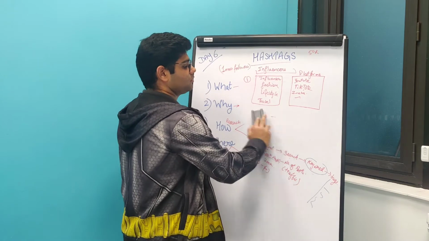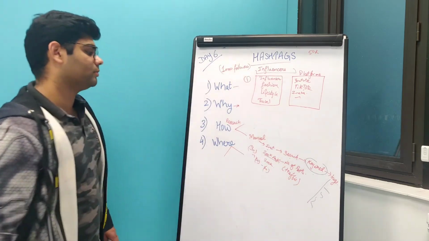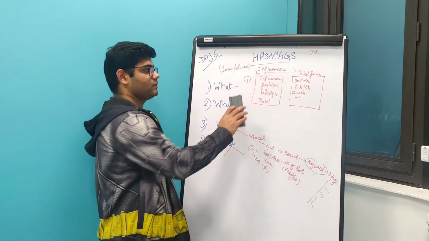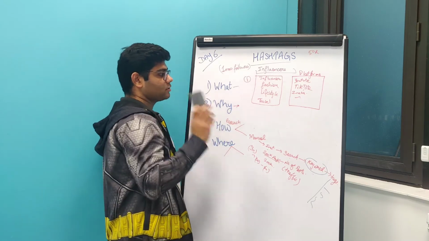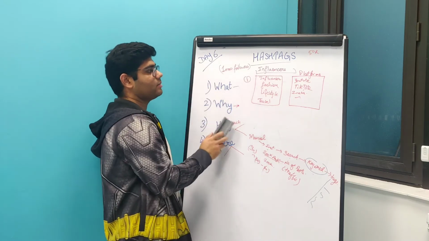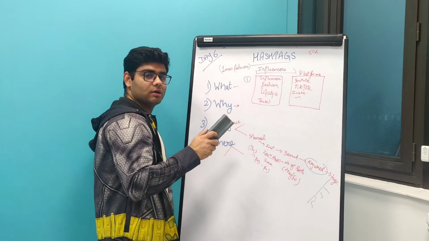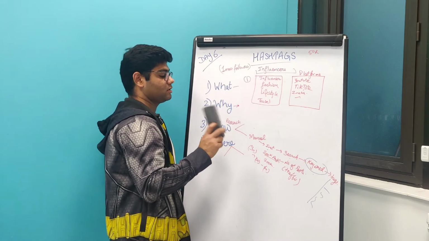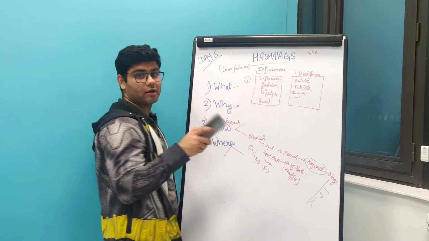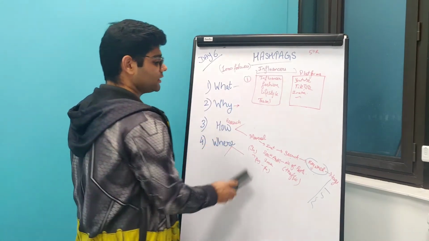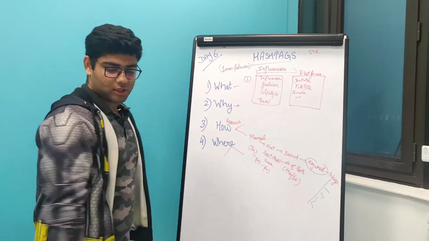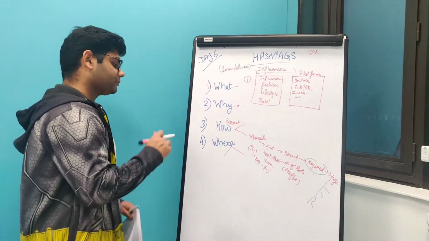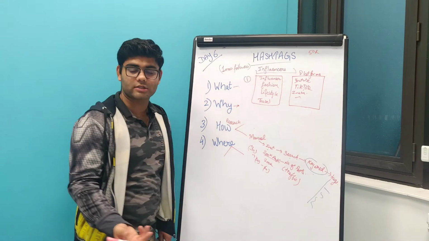Now I guess everything is clear about how, why, what. What: it is keywords. Why: because we need to rank our Instagram profile and posts. How: it's copy and paste manually. And the last thing is where. Where do you use hashtags?